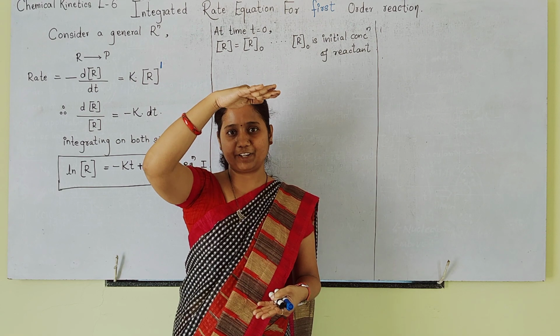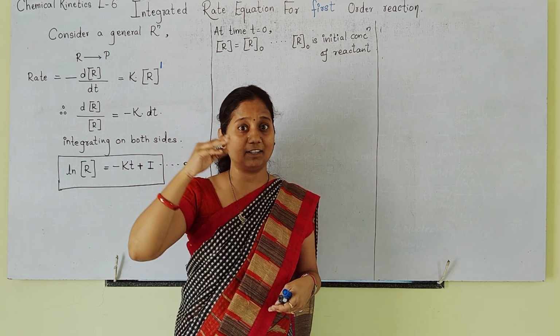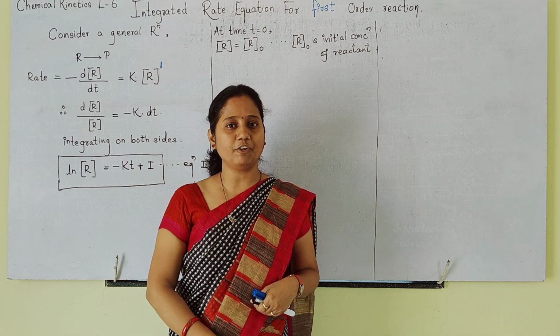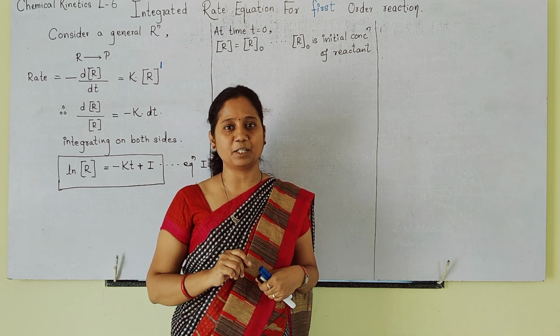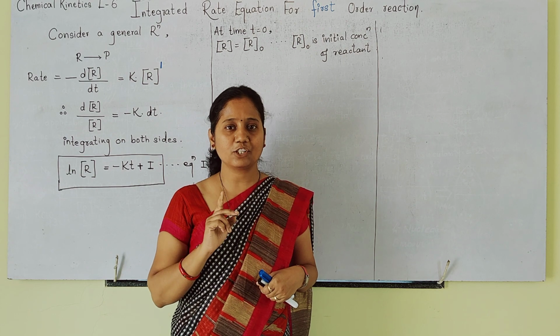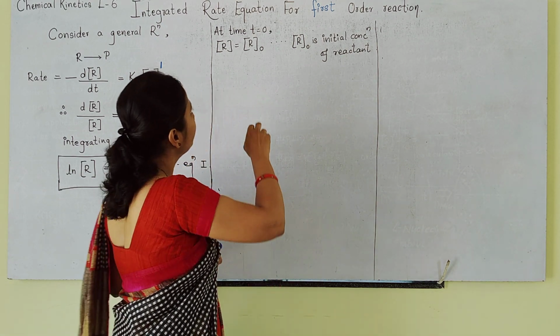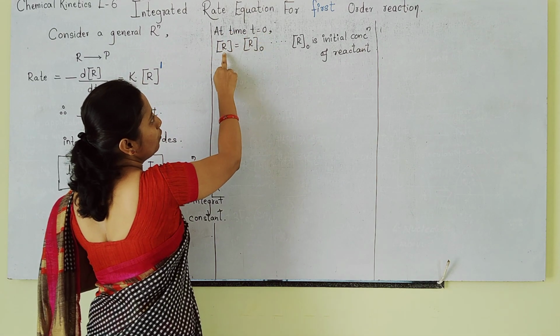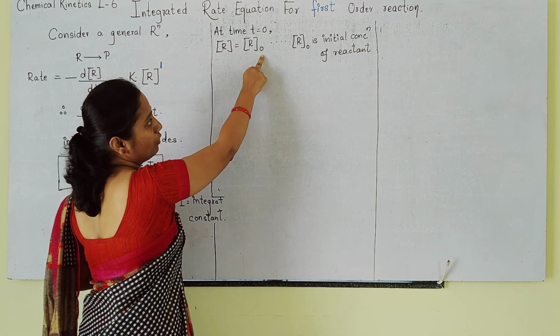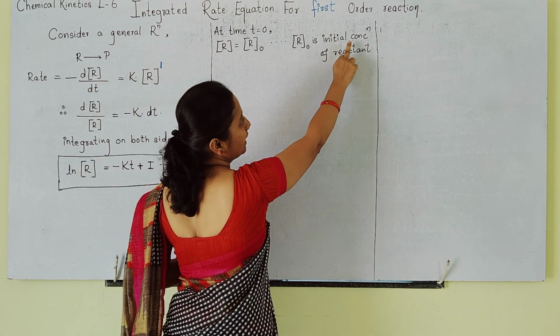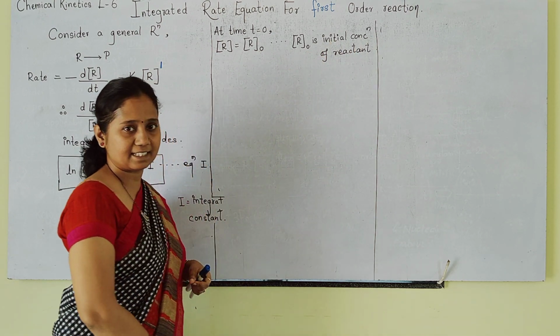That concentration of reactant which is not yet converted into product is called the initial concentration of reactants, and that is indicated by R naught. Let us see. At time equal to 0, concentration of R is equal to R naught, where R naught is nothing but the initial concentration of reactants.